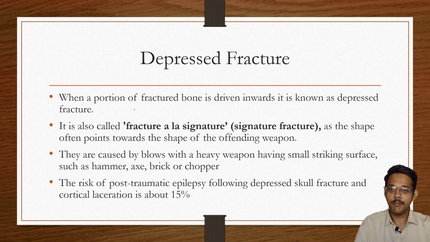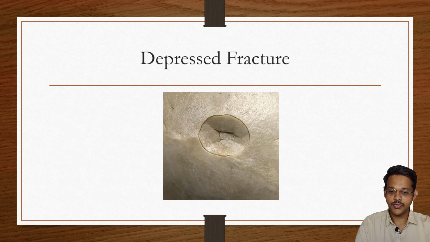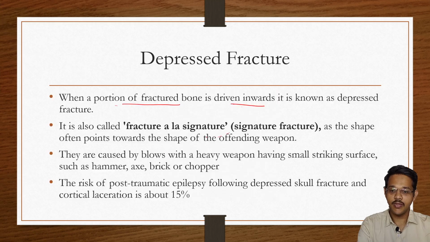Now coming to depressed fracture. In depressed fracture, a portion of fractured bone is driven inwards. In this image you can see a part of the skull is driven inside. This occurs by a single small object acting locally. It is also called a signature fracture, as the shape often points toward the shape of the offending weapon.